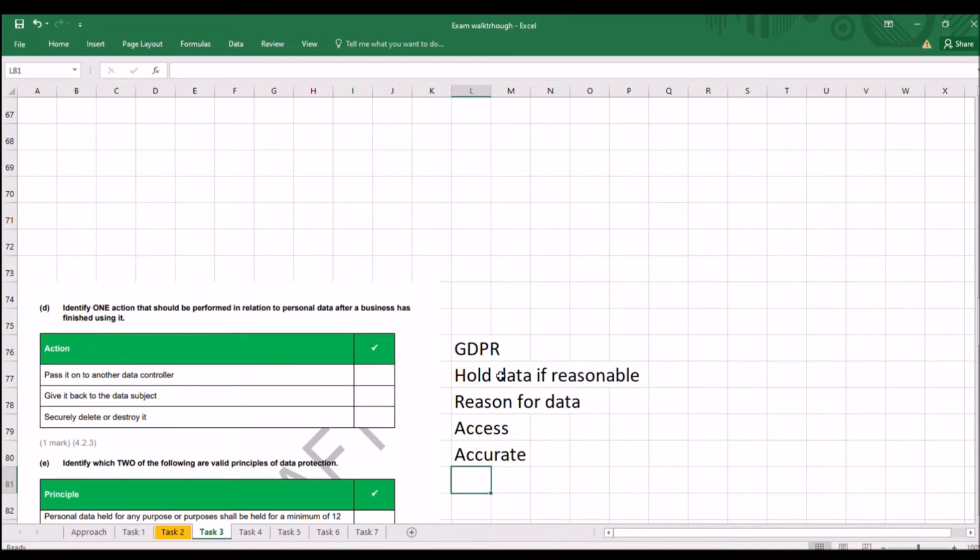That's generally where we are in terms of GDPR.